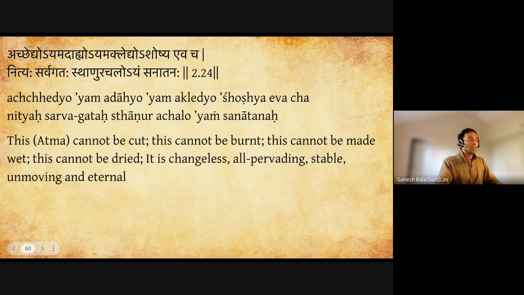And eternal, Sanatanaha. So what people know as Hinduism is actually Sanatana Dharma. It is eternal Dharma. Okay? So this is to show that the Atma cannot be destroyed by the elements.